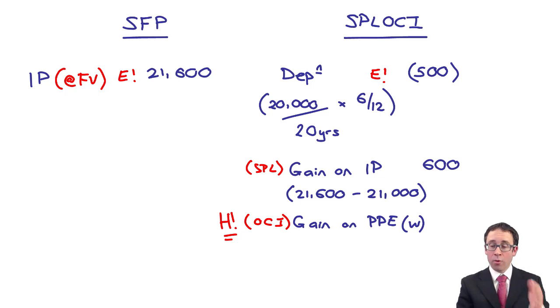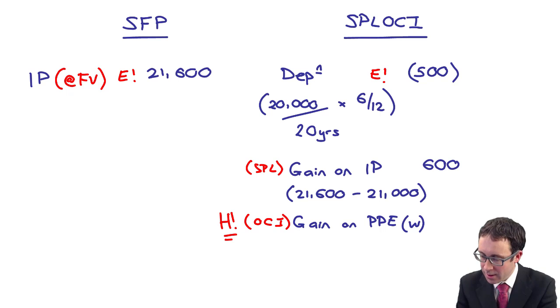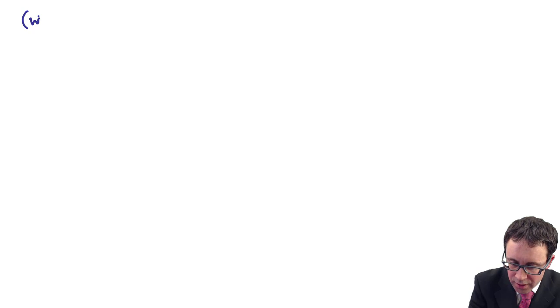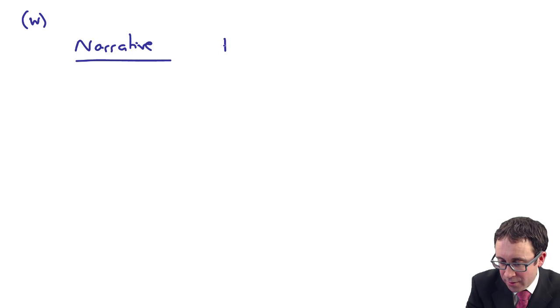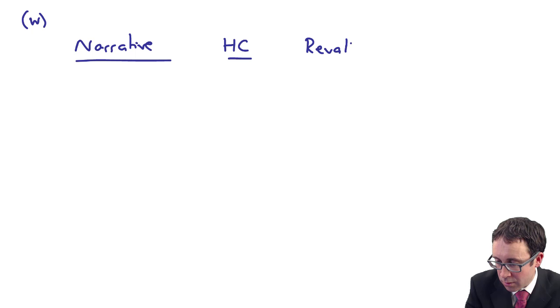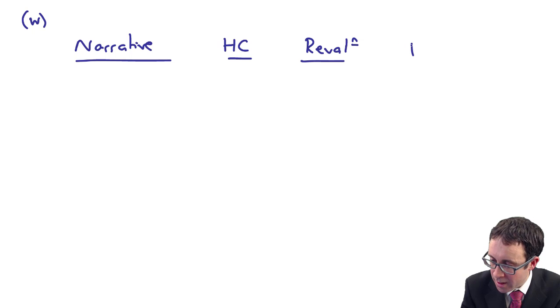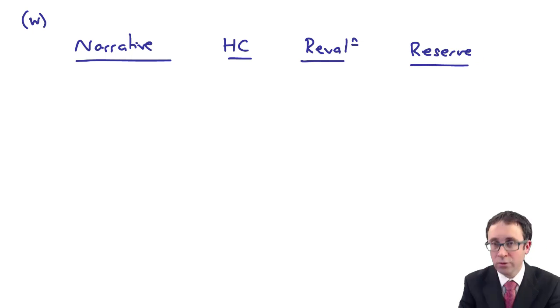Let's do the hard bit, the working, the gain on PPE. Don't do anything different to what we've done previously. If we have a revaluation, we take our narrative: historic cost, revaluation, and then the reserve.